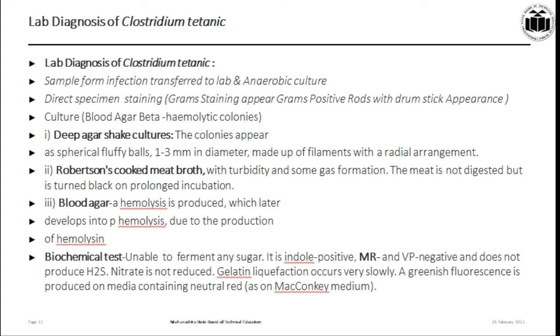Also we can use the specimen for various methods. If we dilute the specimen and gram stain, you will get gram positive bacteria with a drumstick like appearance, which shows that the person is infected with Clostridium tetani.